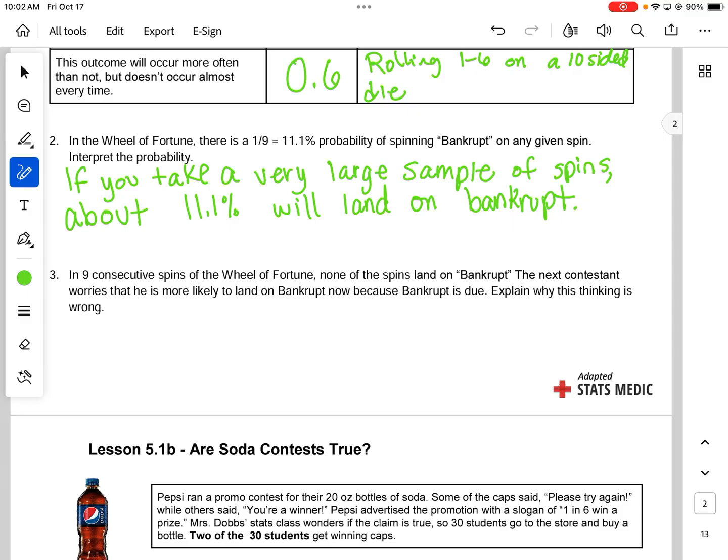So each spin is independent. The spin before it doesn't matter. You look at what the actual probability is. It's always a 1 in 9.